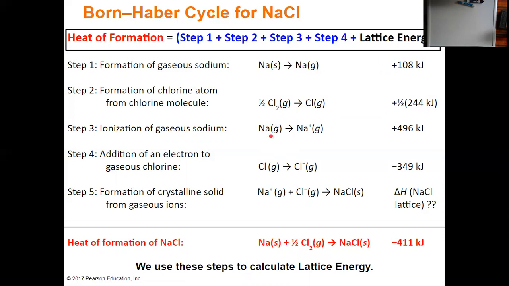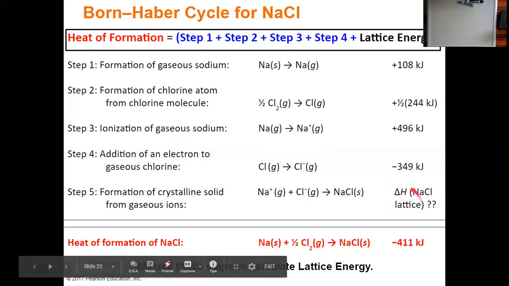Then we're going to have the ionization steps. So gaseous sodium now has to turn into a sodium ion, and gaseous monoatomic chlorine has to turn into a chloride ion. Once these two components are in ion form, now they can join together and form solid sodium chloride.